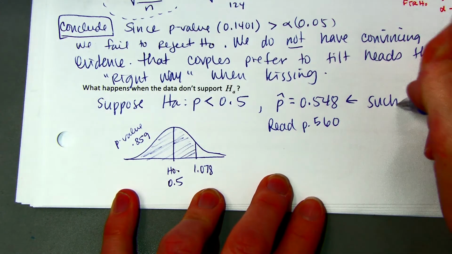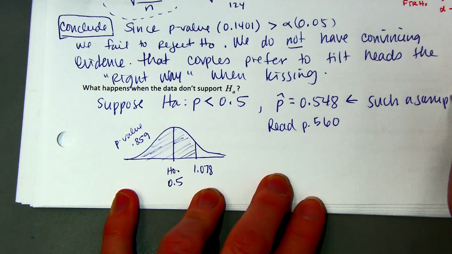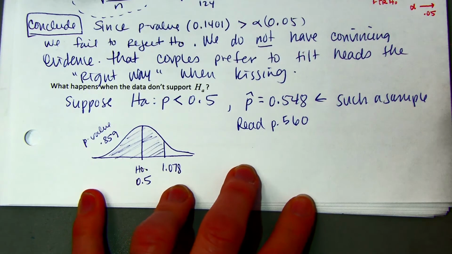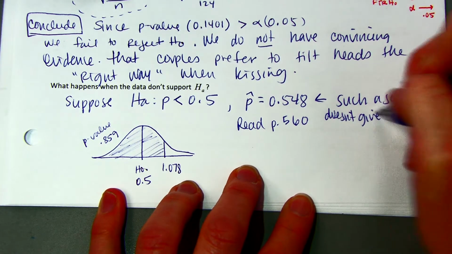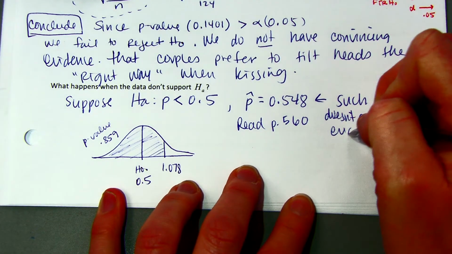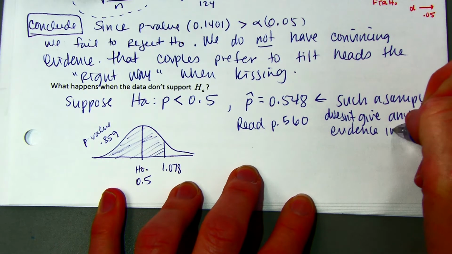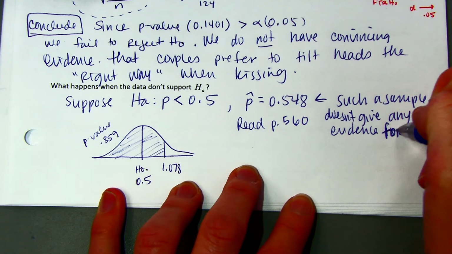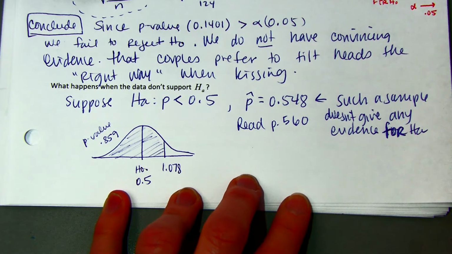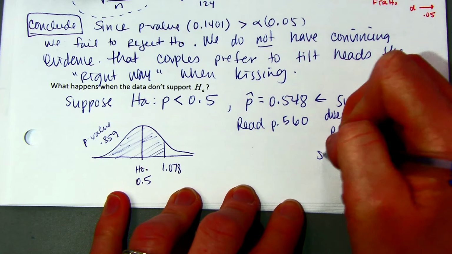Such a sample doesn't give any evidence for the alternative. Remember, that's what we want. We want our evidence in support of our alternative. So why would we continue with the test?